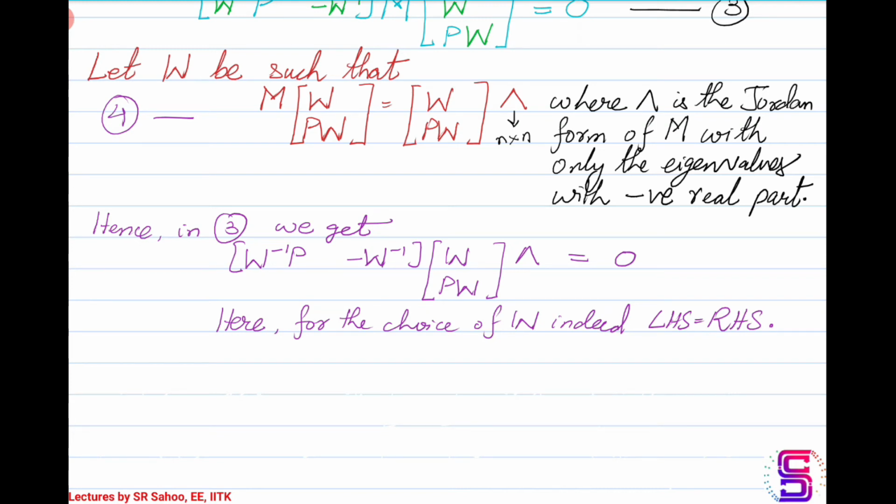Both of them are actually 0. The RHS is 0 and the LHS with this substitution of W is also 0, which essentially means that with such a choice of W, the algebraic Riccati equation will definitely be satisfied, and hence will be satisfied by the corresponding P that comes from the use of such a W.